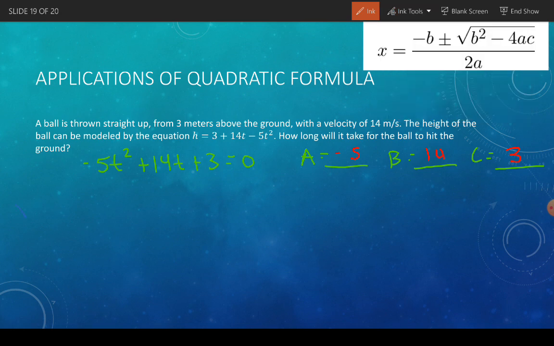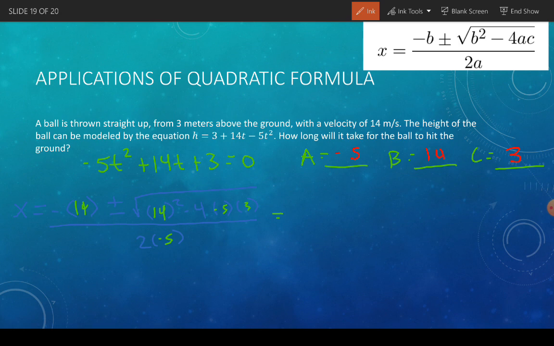So we'll have x equals negative b plus or minus the square root of b squared minus 4ac all over 2a. Okay, so b is 14 here, minus 4a, negative 5 goes here, c is 3, over 2 times negative 5.